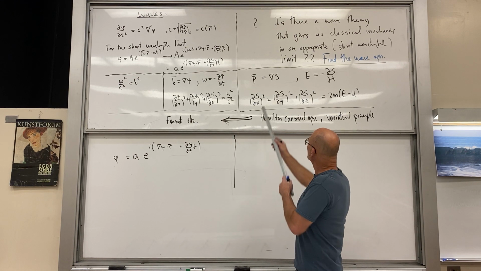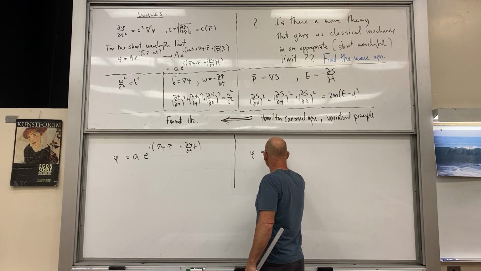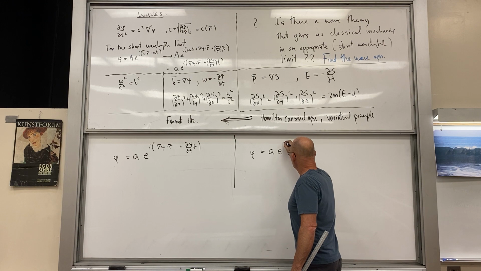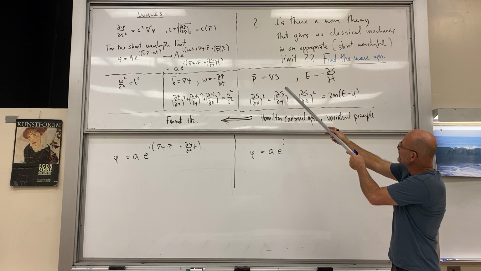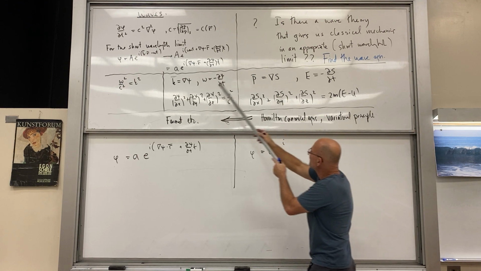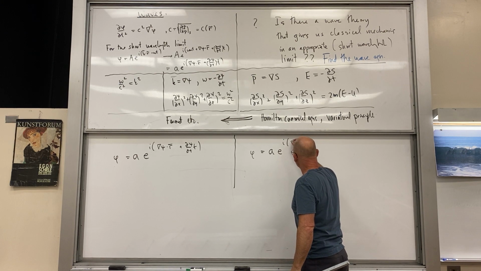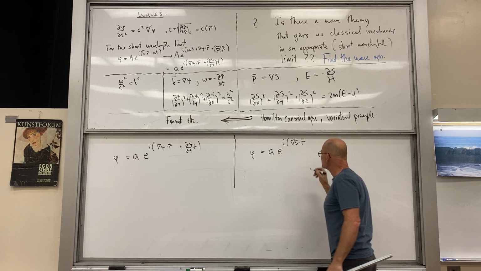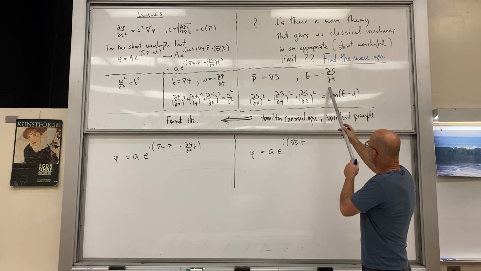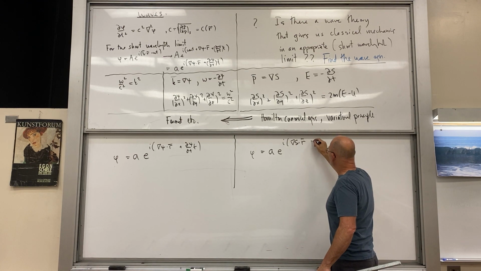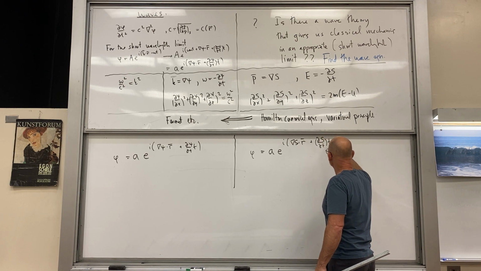Now we can just make our comparison here. Over here on the mechanics side, we have e to the i, so gradient c corresponds to gradient S, right? Okay, p is gradient S. So gradient S dot r, and then partial c partial t corresponds to the E, so plus partial S partial t times t.